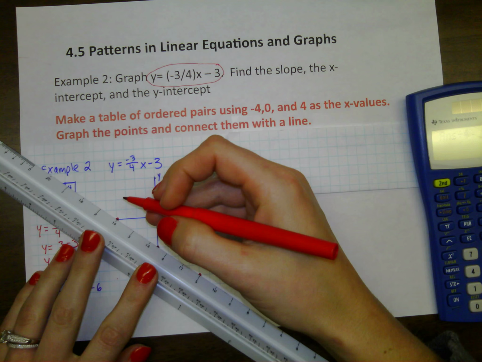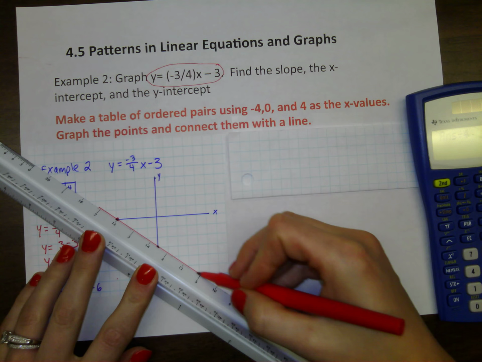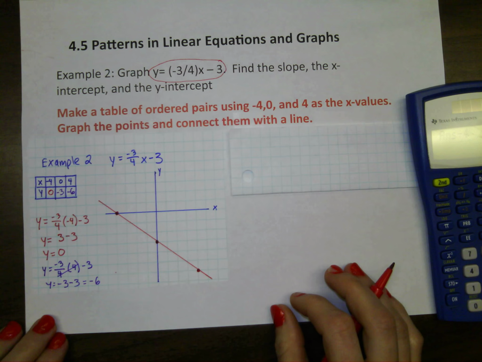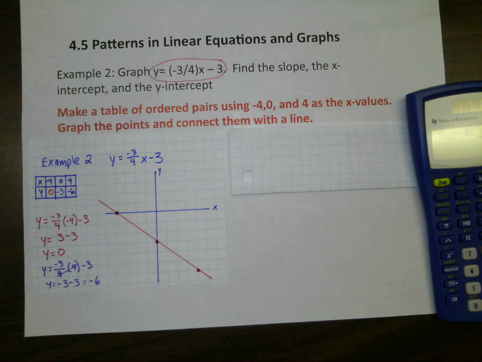Now I can plot these. So I'll start with -4, 0. Then 0, -3, and then 4, -6.